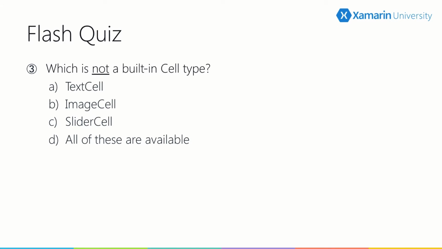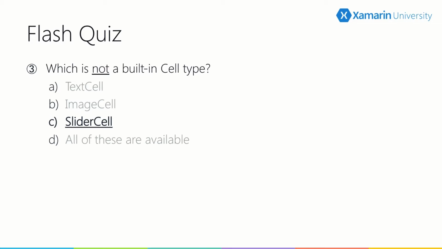The next question is about the built-in cell types. Which of these is not a built-in cell type? Is it A, text cell, B, image cell, C, slider cell, or D, all of these are available? That was easy, right? Because I told you in the previous question. That's of course the slider cell.